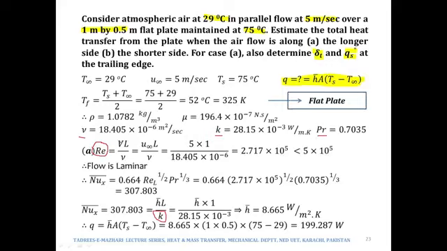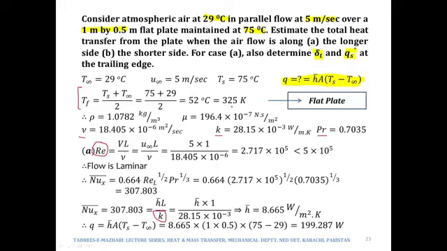But those properties would be found out at the film temperature, and the film temperature is the average temperature of Ts and T infinity. So the film temperature would come out to be the average of 75 and 29. So it would be 325 Kelvin.